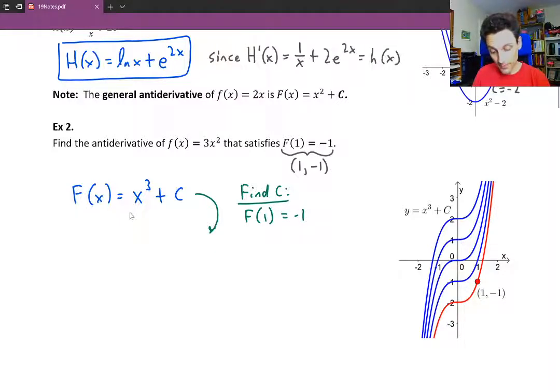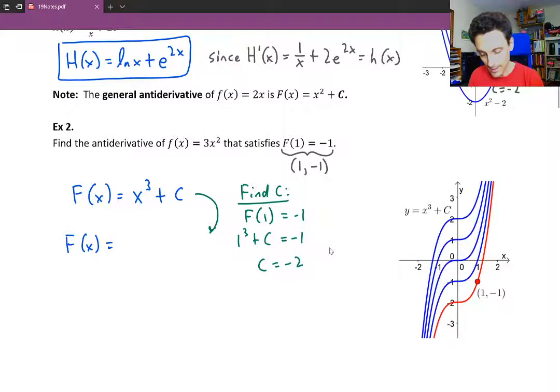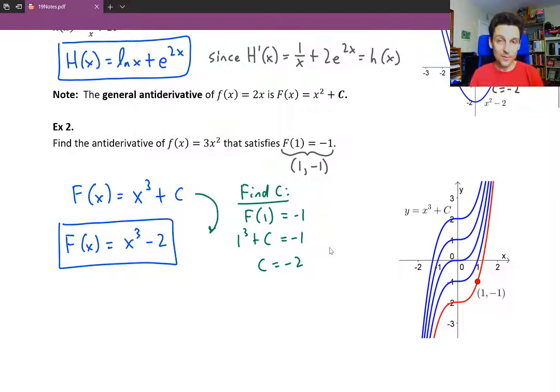We have big F of x in general, it's x cubed plus c. So big F of 1 would be 1 cubed plus c, and then I'll copy down the equals -1. Now we can solve for c. Subtract the 1 over, and we've got c equals -2. So big F of x is x cubed minus 2. That's the member of the family that goes through that point (1, -1).